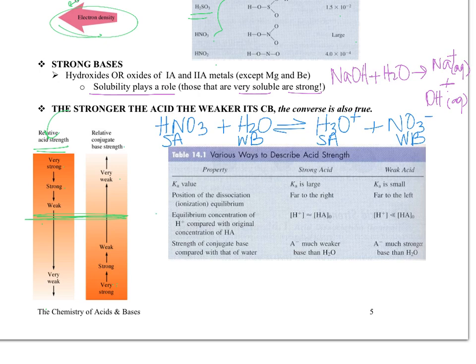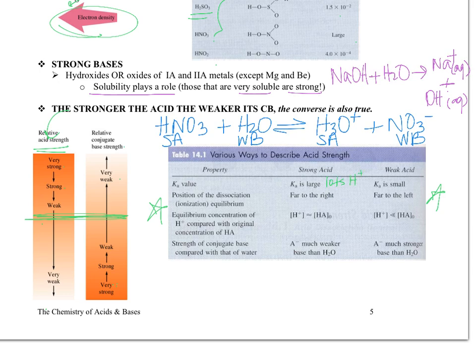I like this little description that says various ways to describe the acid strength. With your K values, those are important things to be aware of. So for example, with equilibrium, if something is strong, remember it's very, very product favored. So therefore it's going to be lots of H+.